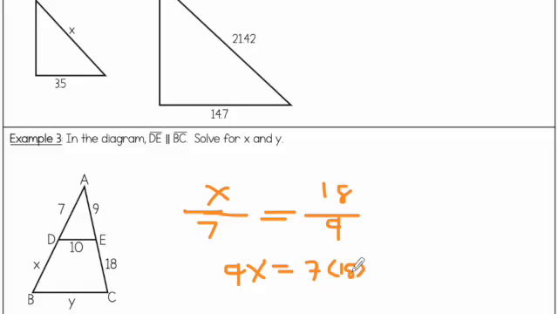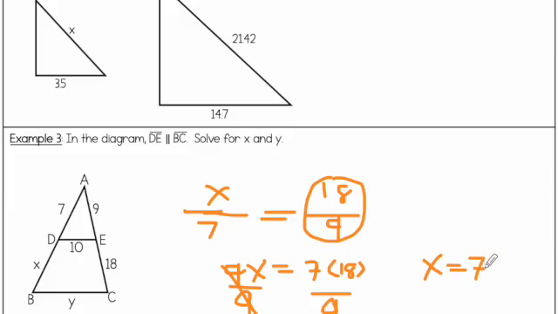The reason I didn't do the multiplication, which you could have just done straight from here, is I did 18 divided by 9, because it goes into it easily. I'm going to just show you by solving the equation. And so this becomes x equals 7 times 2, because 9 into 18 is 2, which you would have gotten here. And so x equals 14.